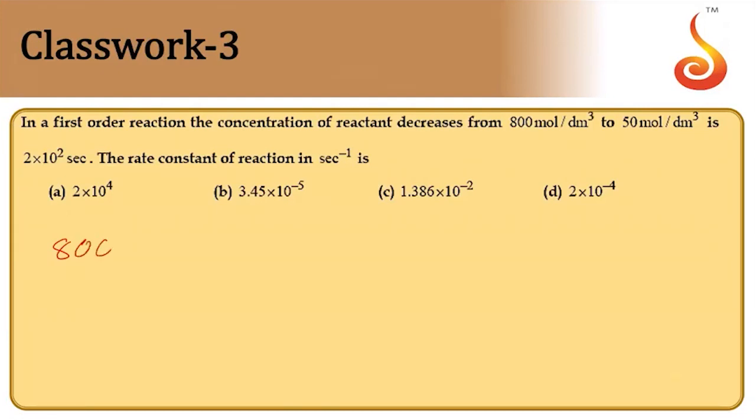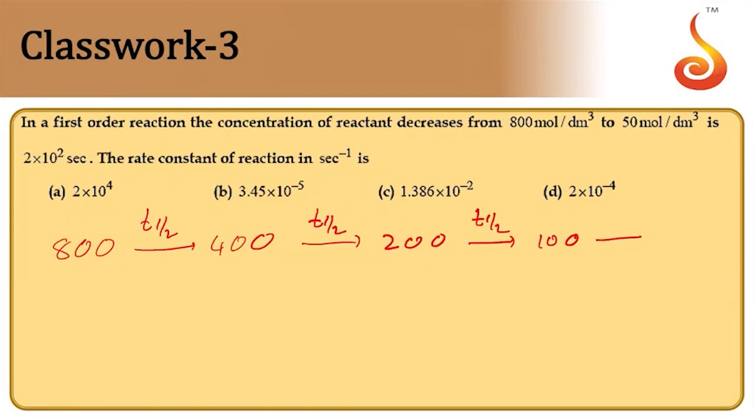So 800 becomes 400, which is 1 half-life, because half dissociates. From 400 to 200, another half-life. From 200 to 100, one more half-life. And finally, to become 50, one more half-life.